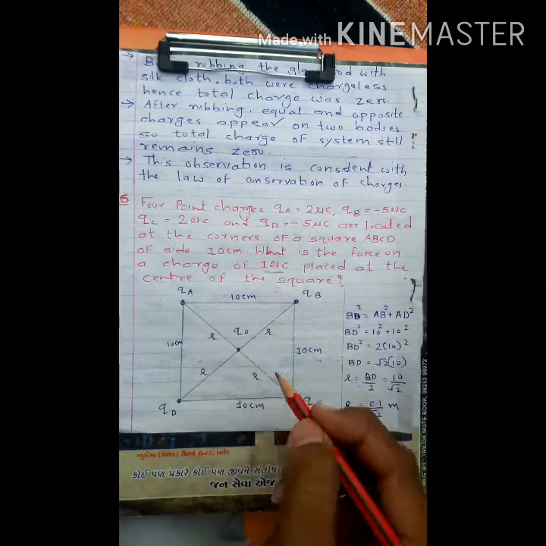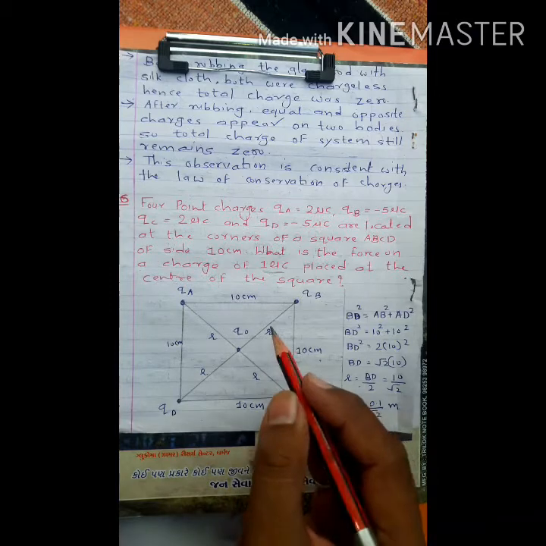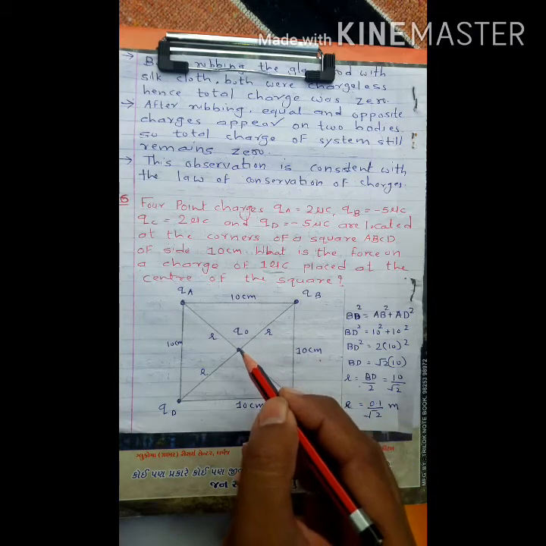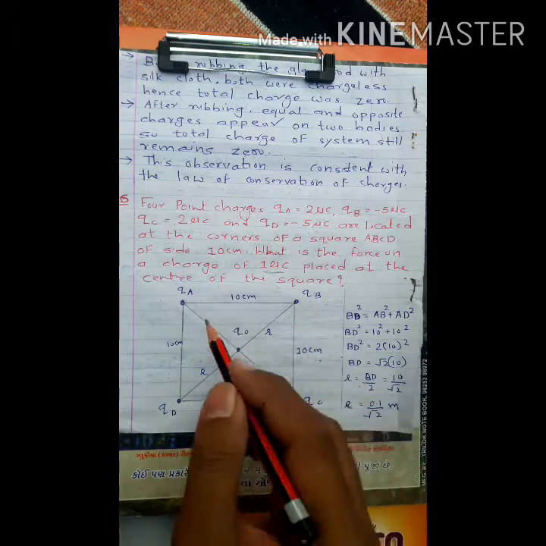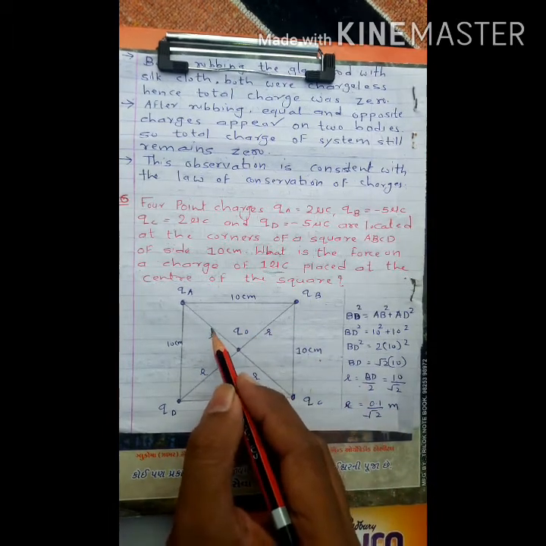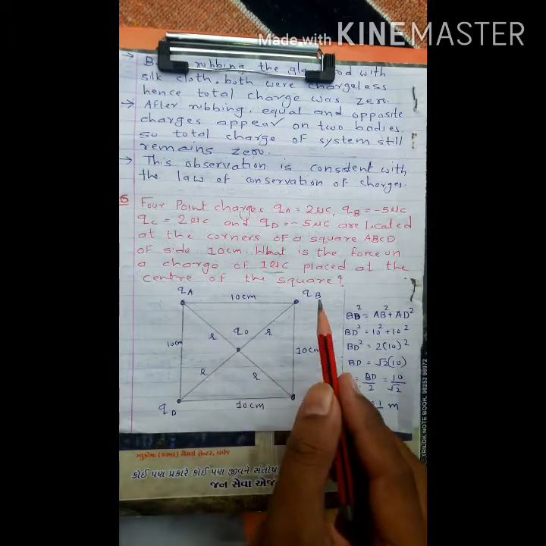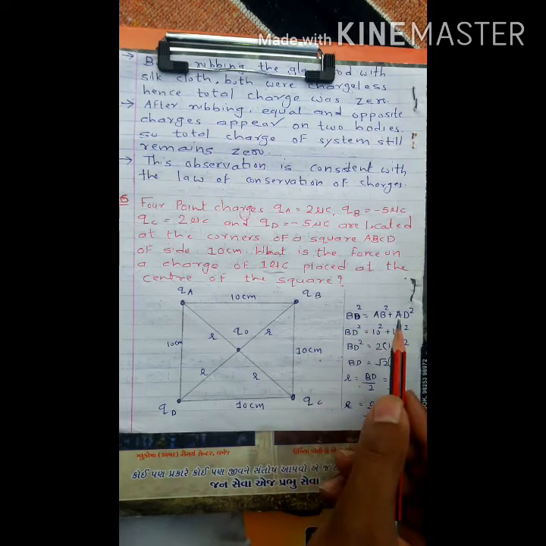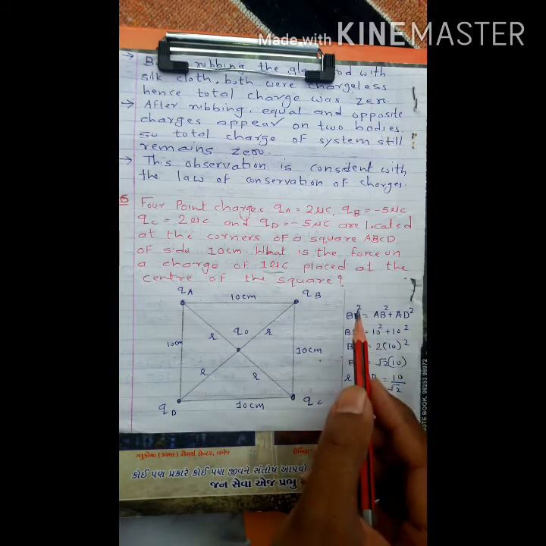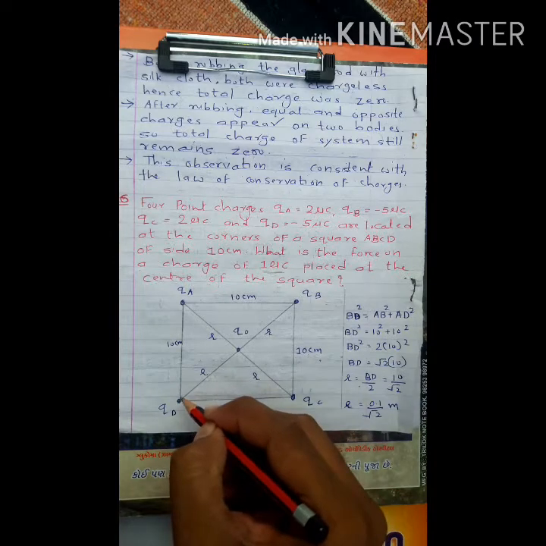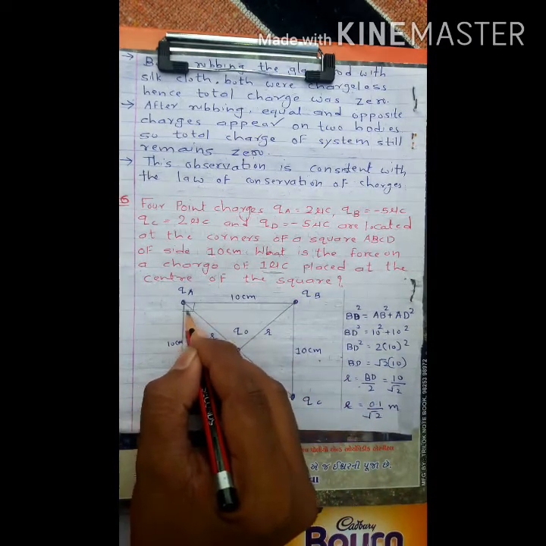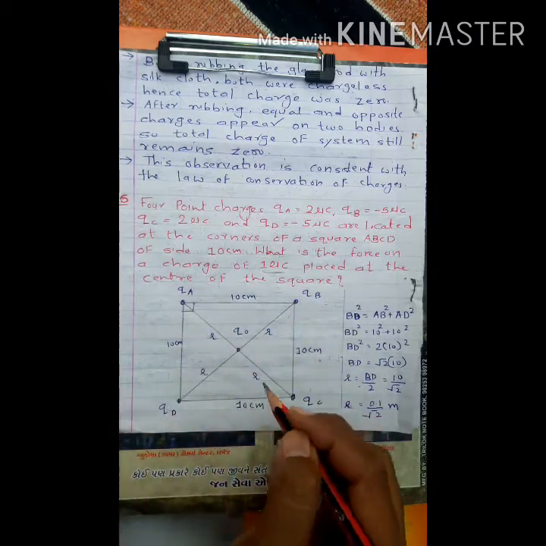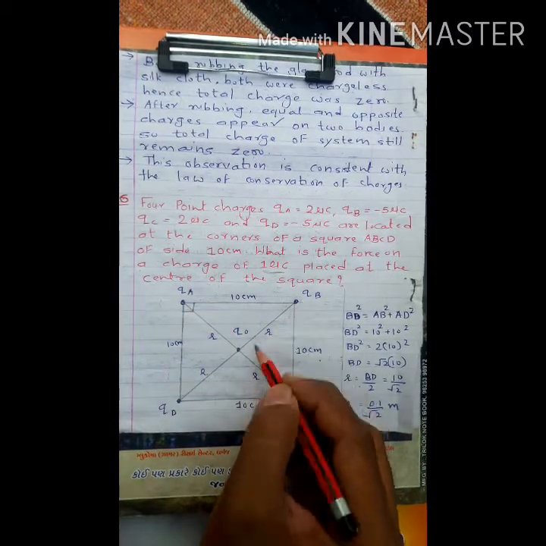Now first of all we measure the distance of the Q0 charge from the corner of this square. In short, here we want the smaller distance. So first of all we use the Pythagoras theorem. This is our hypotenuse. Here we consider our right angle triangle, triangle ABD.